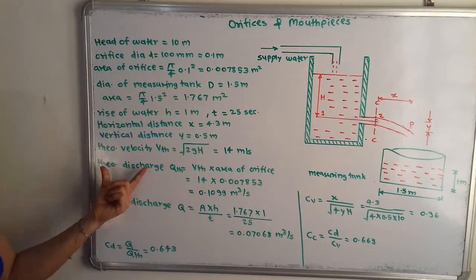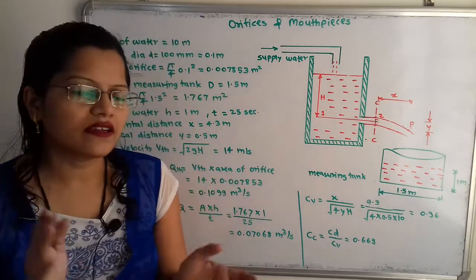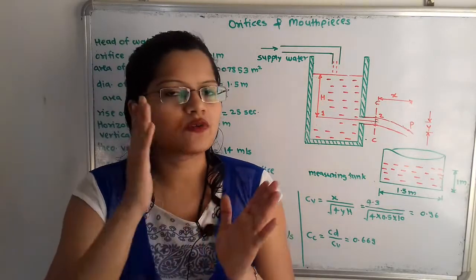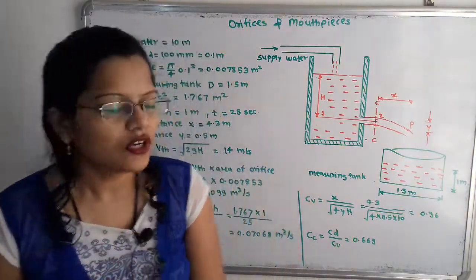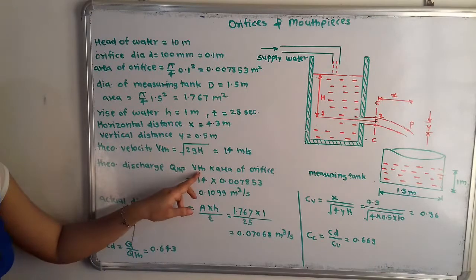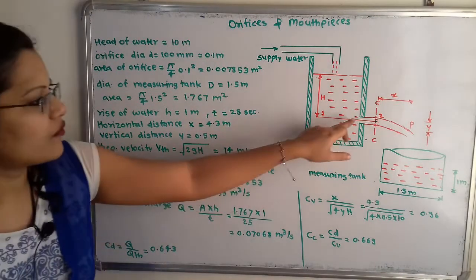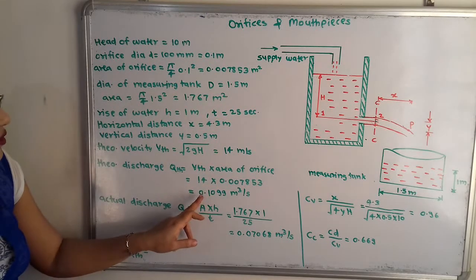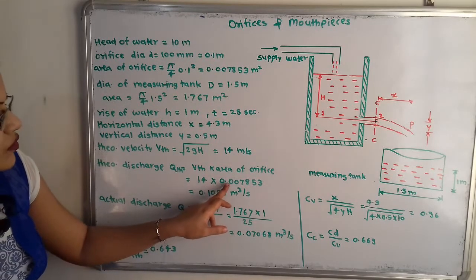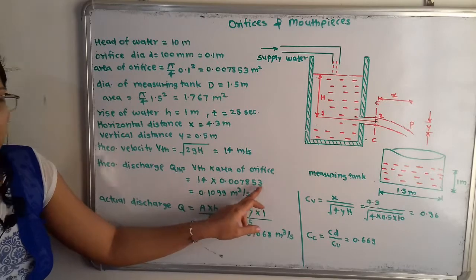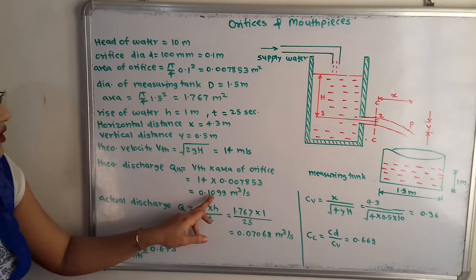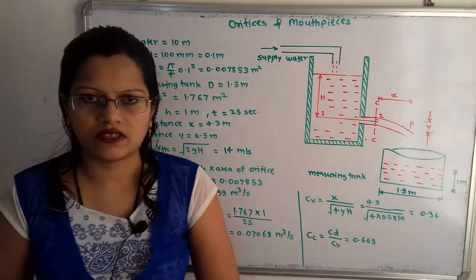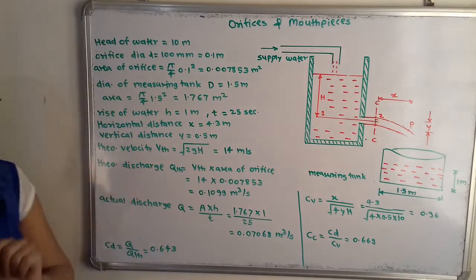The theoretical discharge Q is equal to area into velocity, so theoretical velocity multiplied by area of orifice: 14 multiplied by 0.007853, which is equal to 0.1099 meter cube per second. So here is the theoretical discharge.